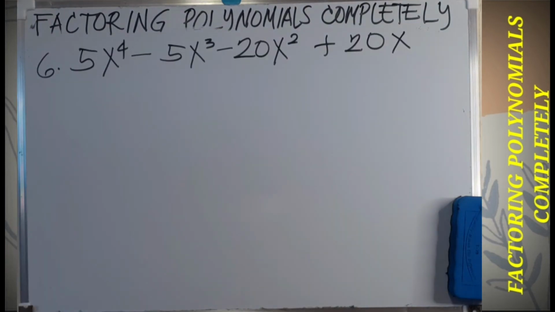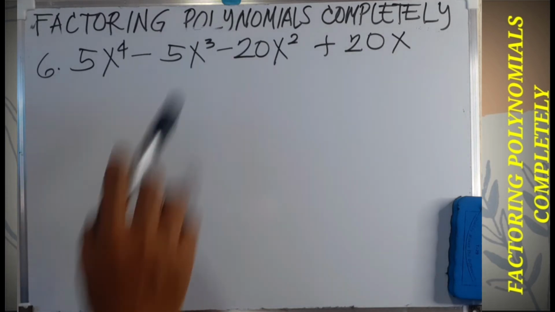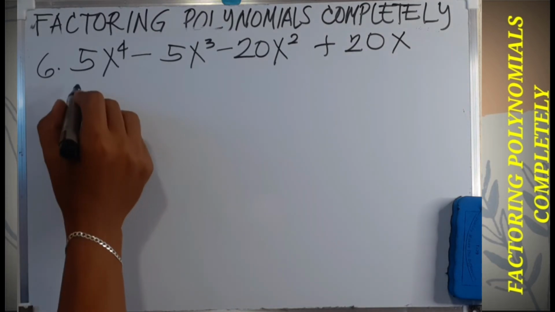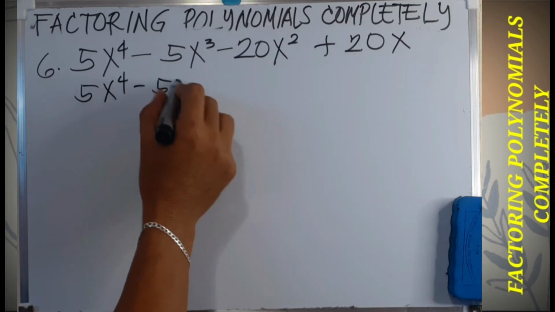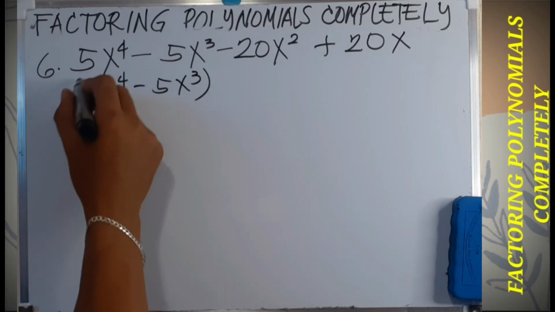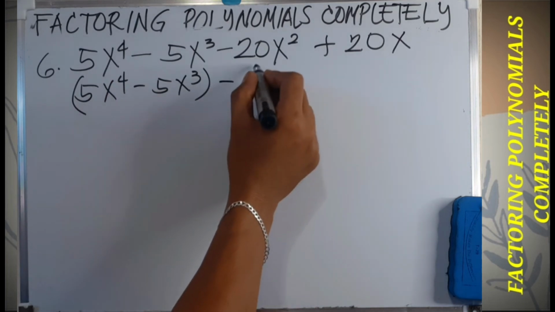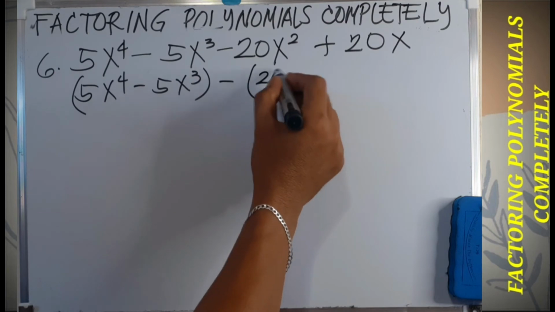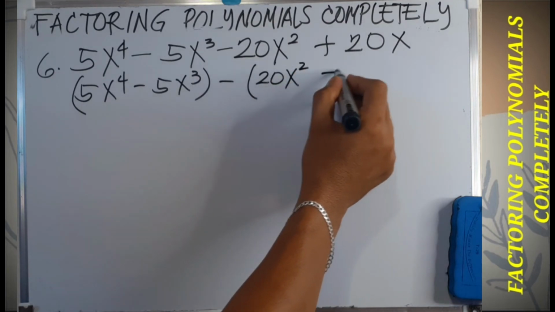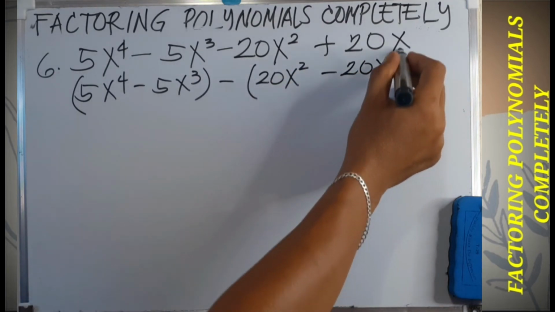Number 6, factor the polynomial 5x to the 4th minus 5x cubed minus 20x squared plus 20x. Since the third term is minus, we will rewrite the polynomial. 5x to the 4th minus 5x cubed will represent the first group, minus, reverse the sign, will become positive 20x squared minus 20x.